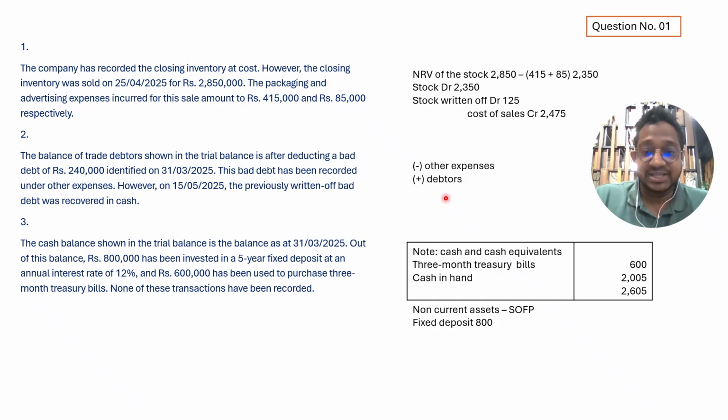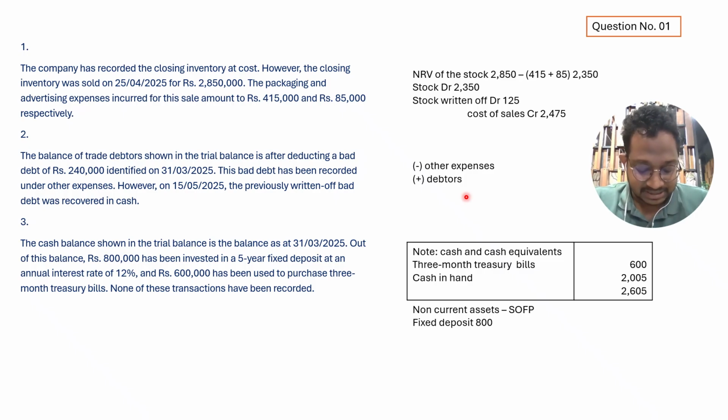Which means from other expenses, you should minus bad debts, and to debtors, you should add that. In the trial balance, the debtors appeared as 6,260. To that, you have to add the bad debts reverse entry, 240, and that is the trade receivable that you should mention in SOFP under current assets.